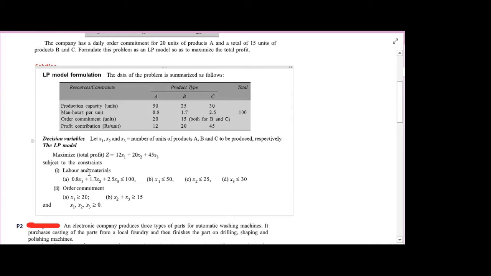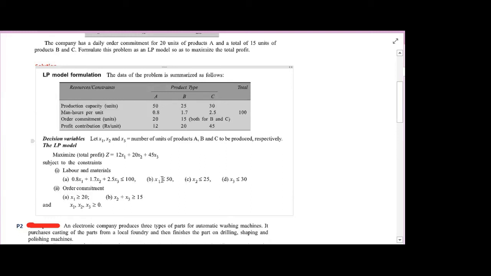Similarly, 1.7 into x2 is the time consumed for production of x2 units of B. And similarly, 2.5 into x3 is the time consumed in producing x3 units of C. And the total time of production of A, B, C will be less than or equal to 100 man hours.